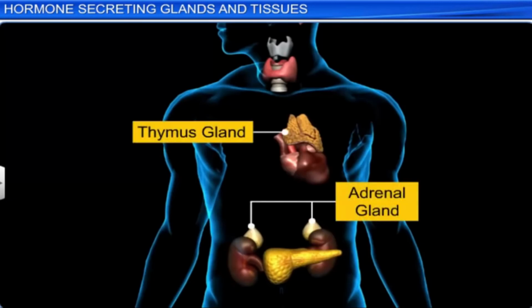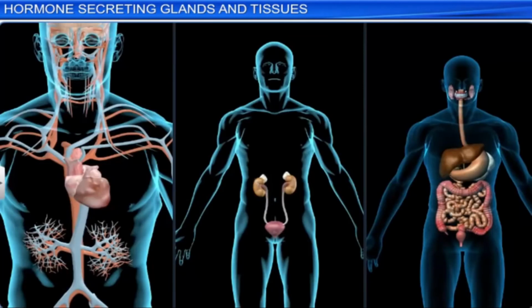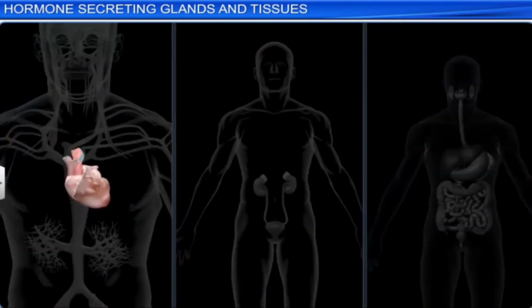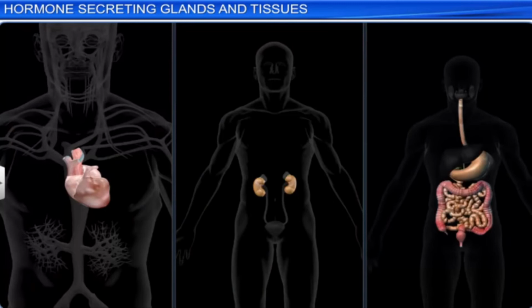Apart from the adrenal and thymus glands, there are certain tissues in our body that secrete hormones. These tissues are present in the heart, kidneys, and gastrointestinal tract, and they are not categorized as endocrine glands.